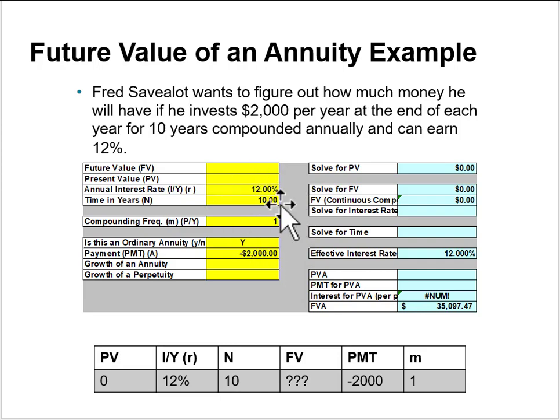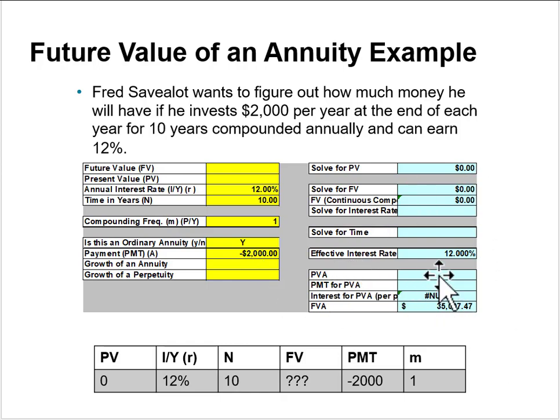Of course, you have to remember to delete all of these. Now this says, is this an ordinary annuity, Y or N? If it's an ordinary annuity, it's a yes, or the answer would be a 0. If it's an annuity due, it would be a no, or it would be a 1.